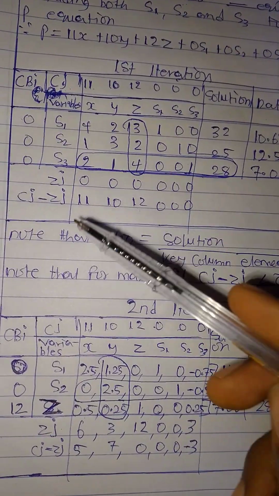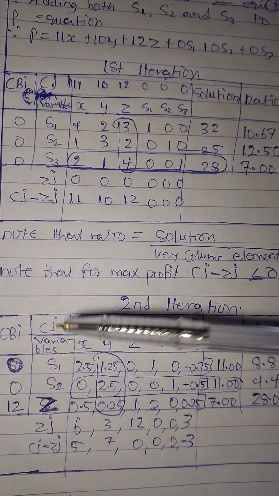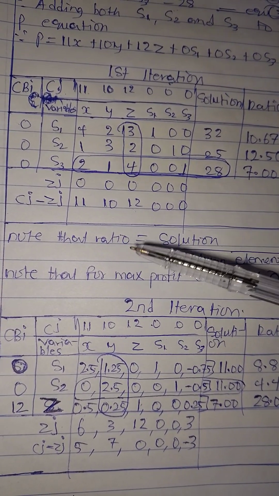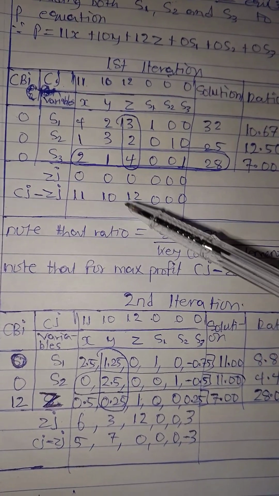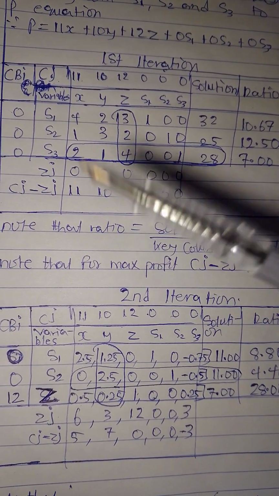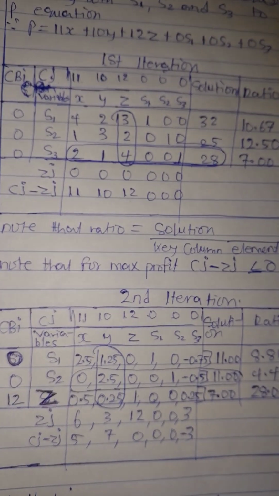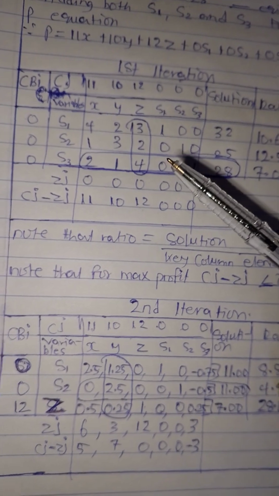I know that in solving a linear programming question involving maximization, always know that the answer you get for Cj minus Zj must be only 0 and negative numbers. You can't get anything positive.